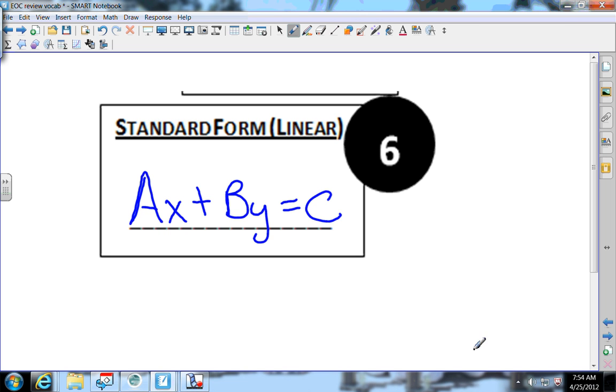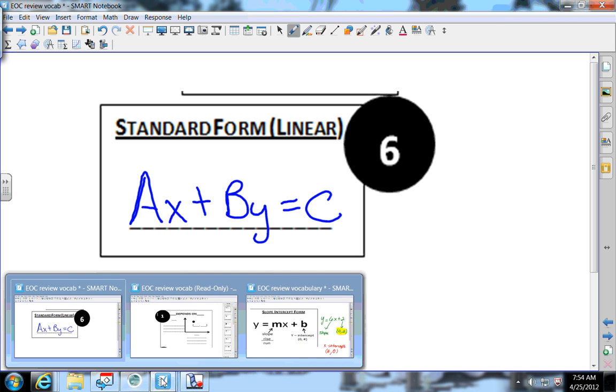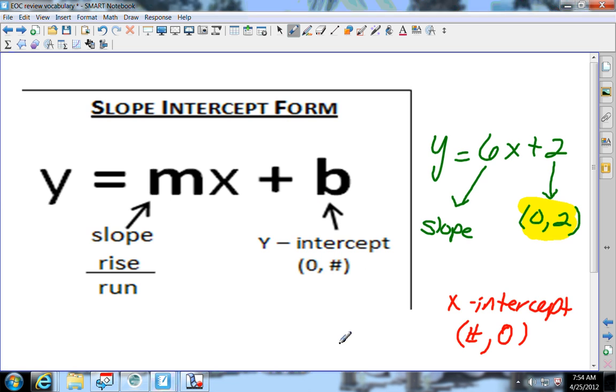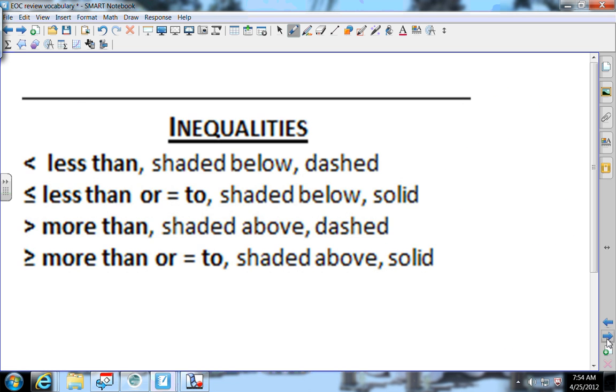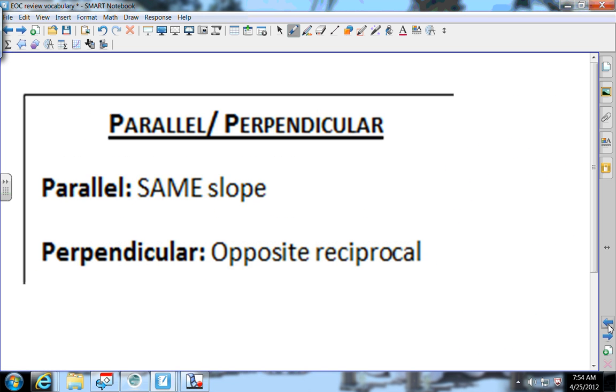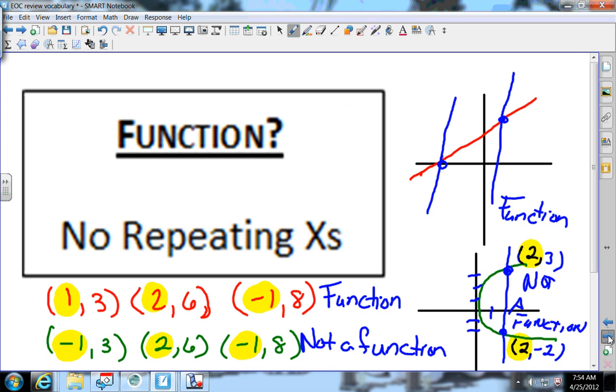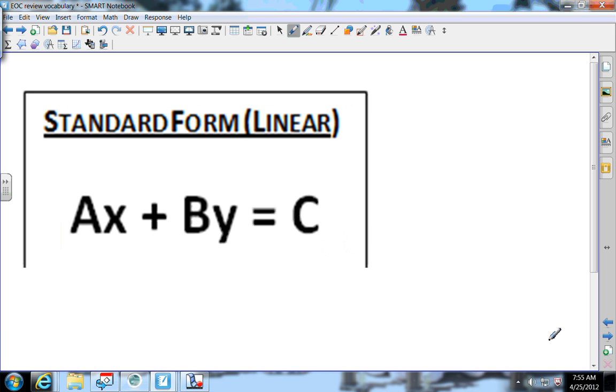That's why we're reviewing over this. As you know there are certain things you don't remember, you need to star and highlight that because we need to start looking at that to figure out what it is we need to review. Let me see if I can find it. We have done standard form, yes, right here. So AX plus BY equals C. That is your linear standard form.